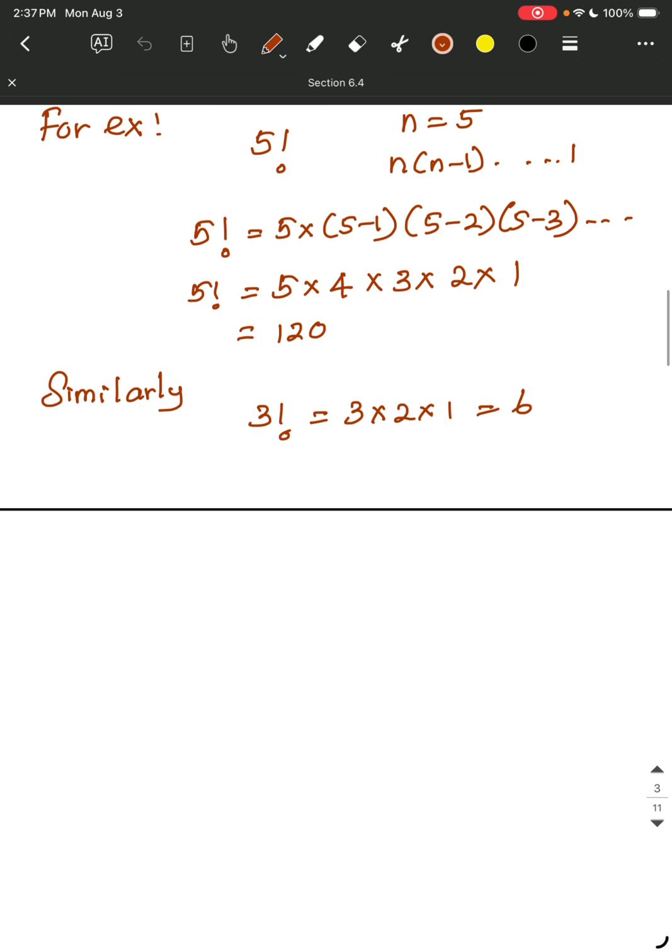Here is the important thing. By definition, 0 factorial always equals 1. The value 0 factorial equals 1 may seem unusual, but it is necessary for permutation and combination formulas to work correctly.